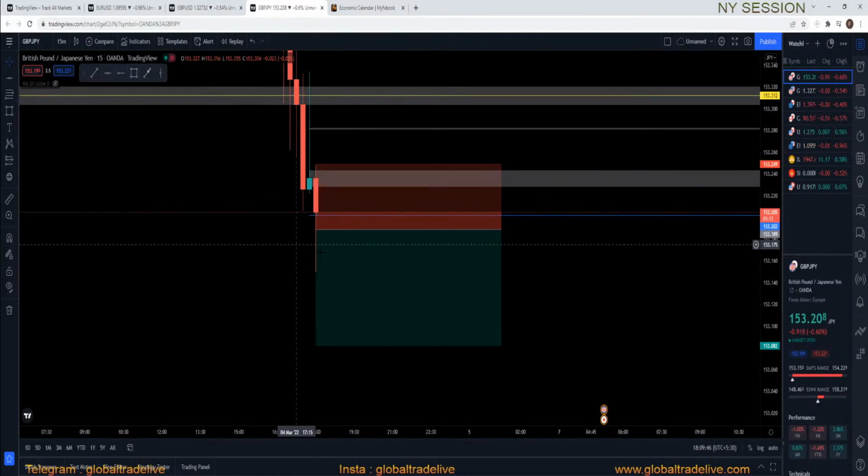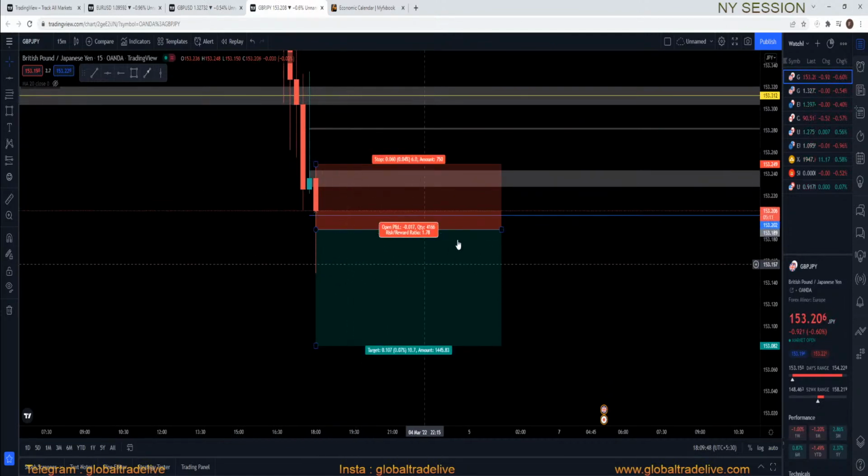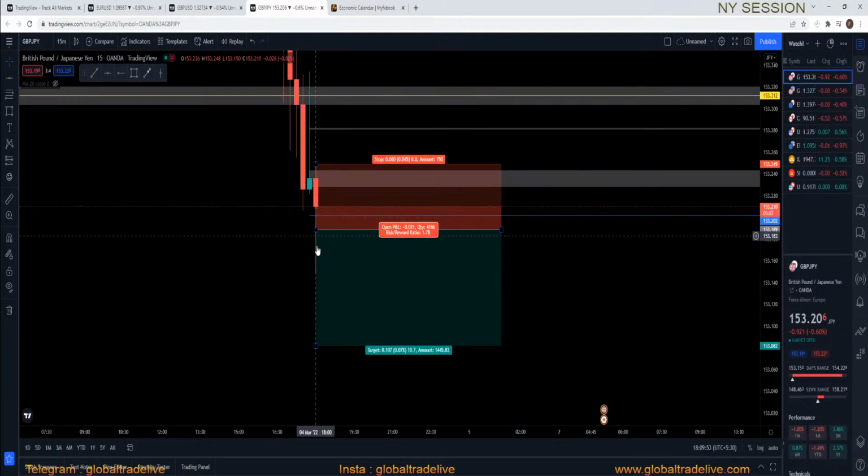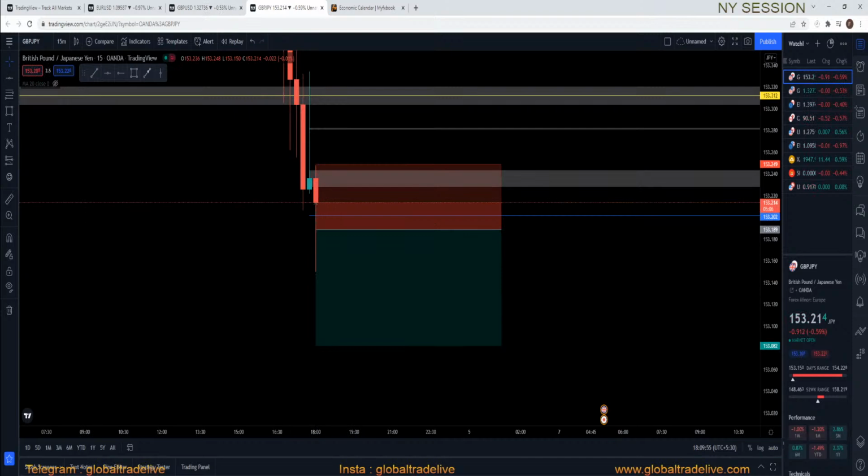5 minutes left for the current 15-minute candle to close. So let's hope that this candle closes like a strong bearish one, otherwise it will be going up.